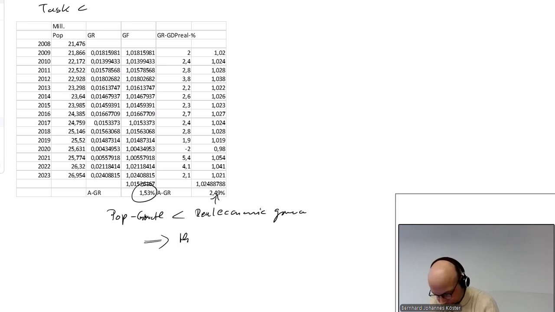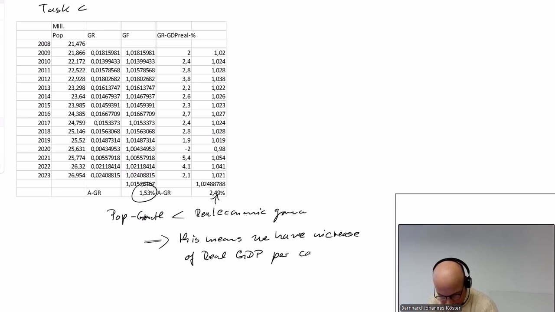This means we have an increase of real GDP per capita over the period from 2008 to 2023.